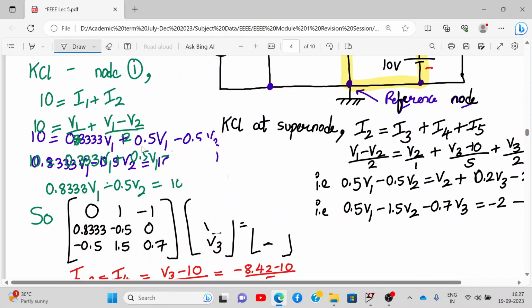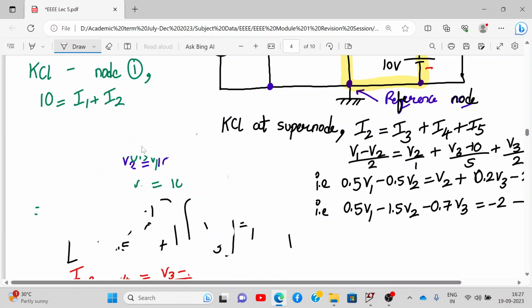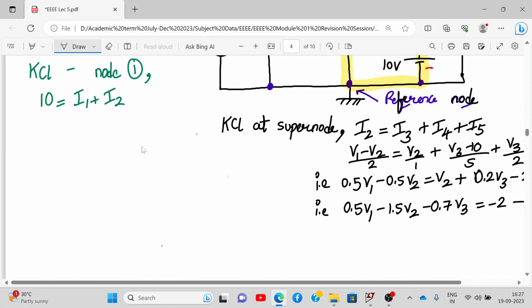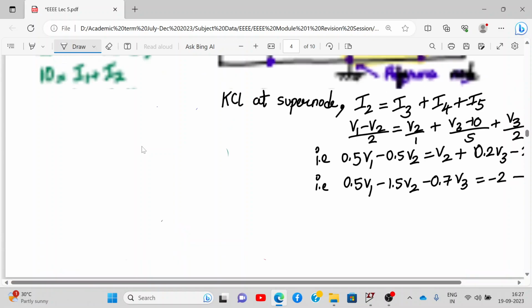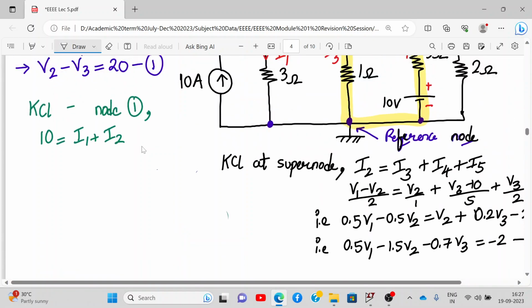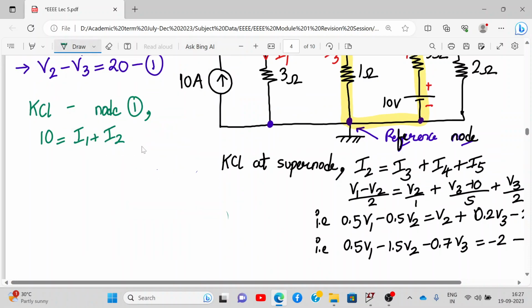Very sorry for the overwriting part. Whenever I use the eraser, it pops up. So let me quickly wipe it out. Okay, I think it's fine now. And let's not use the eraser now. Let me use the green color and complete this part again.